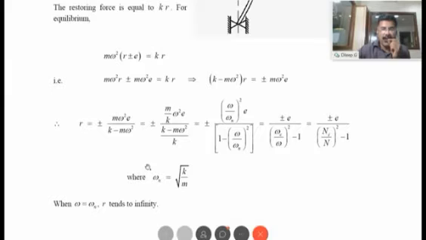Now, I am going to divide the numerator and denominator by K. So it becomes m by K omega square E divided by K minus m omega square by K. You know, square root of K divided by m is nothing but omega n, the natural frequency of the disc shaft assembly in transverse vibration.